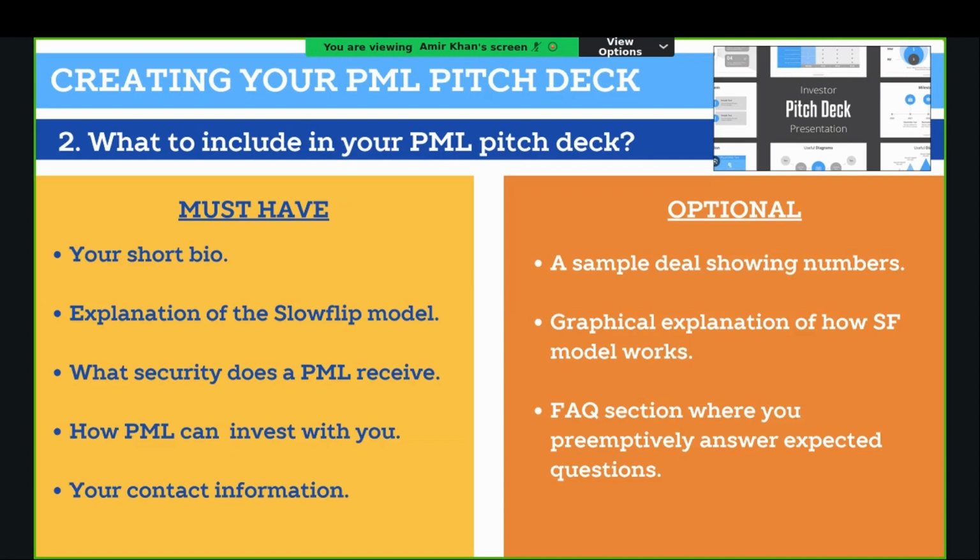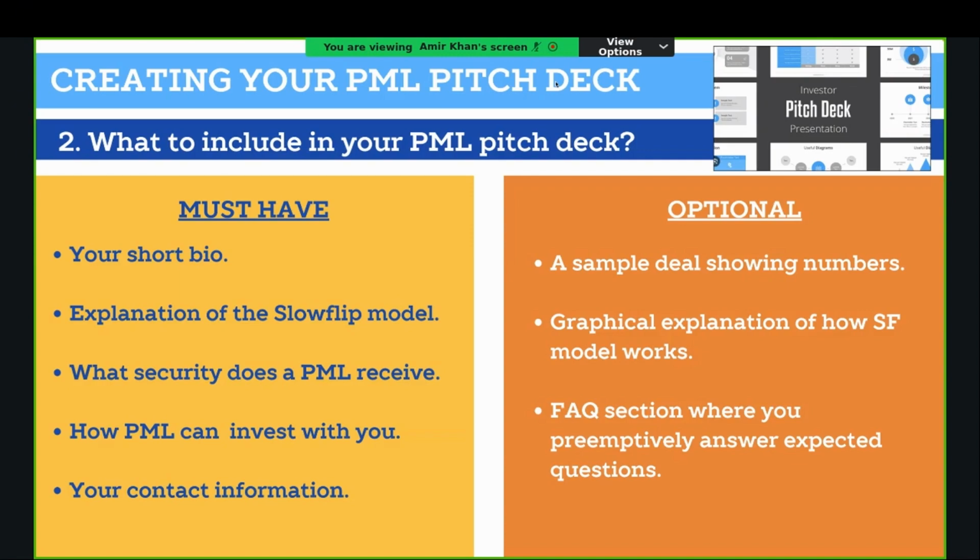There are a lot of people in our community who started slow flip businesses without any prior real estate experience, and they've had tremendous success, right? So maybe your business experience, maybe your experience in a W-2 job that shows that you know how to do project management, for example, right? Or manage something, or hire people and manage people. So anything that shows as relevant can go in your bio section.